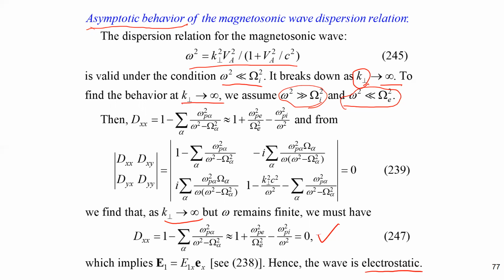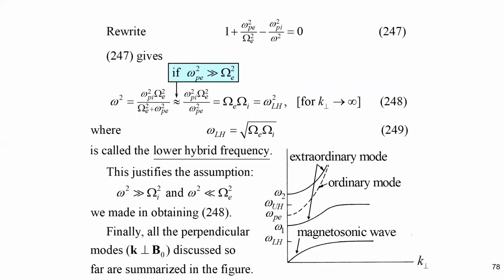The electrons' contribution is more important, and the polarization is very important. So it will result in electrostatic, but we do not have a chance to deal with magnetostatic waves. You can study by yourself. Actually, I do not have experience dealing with magnetostatic waves.